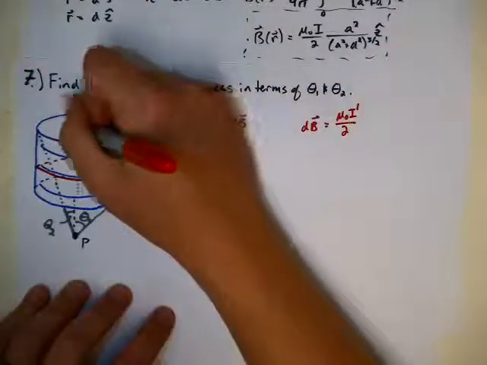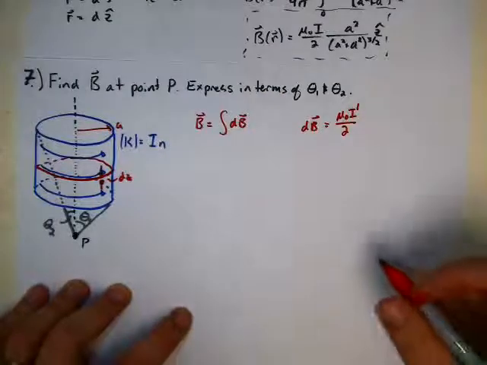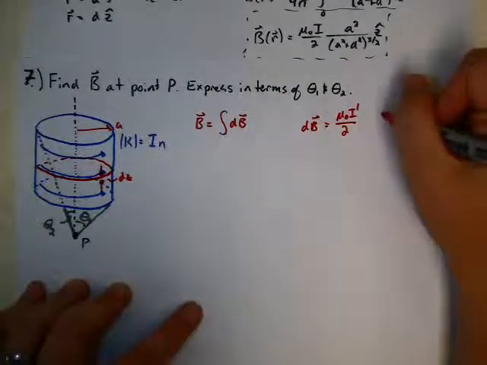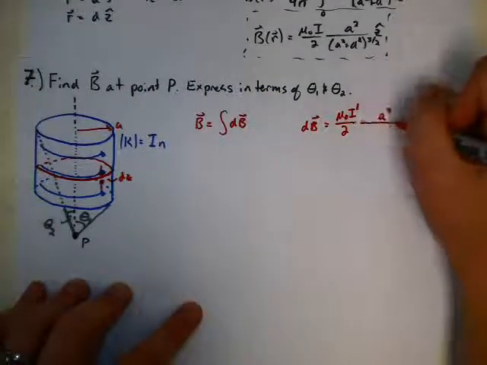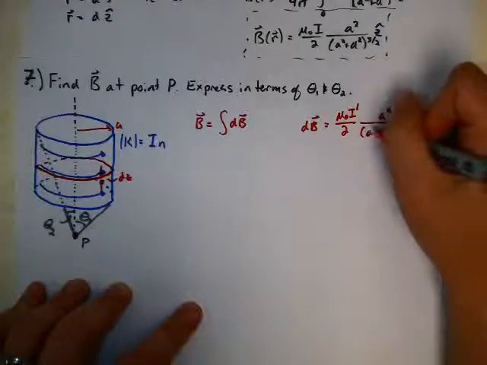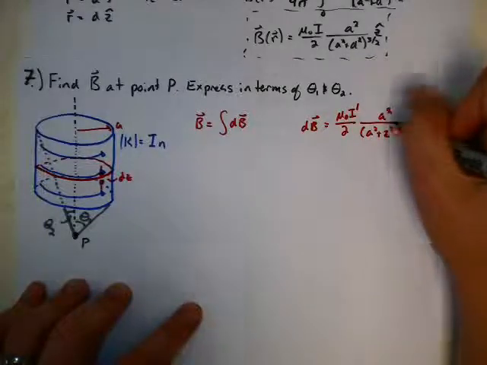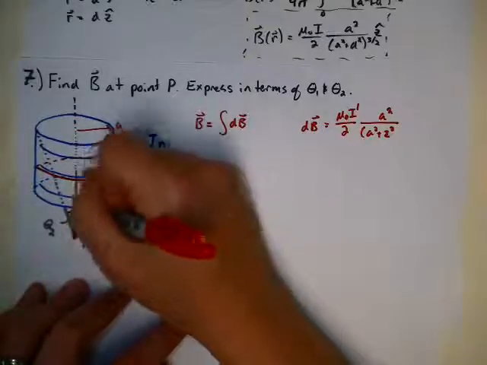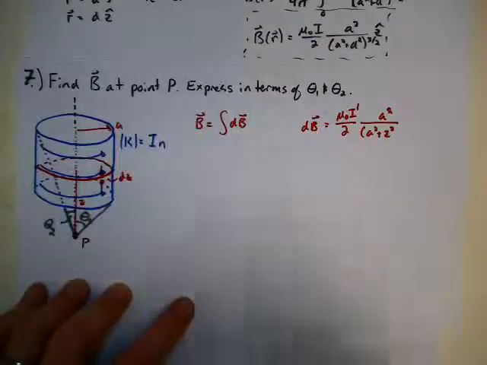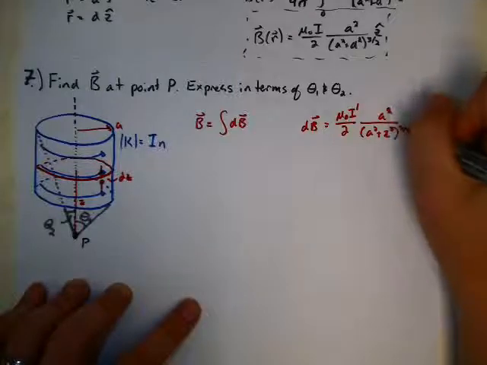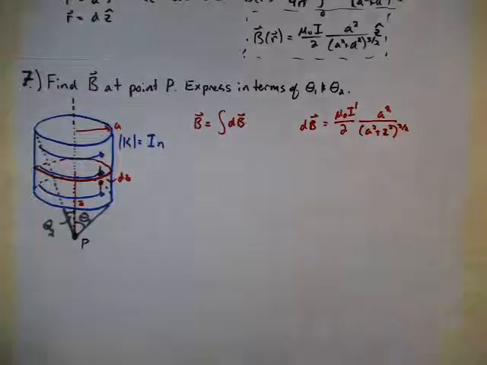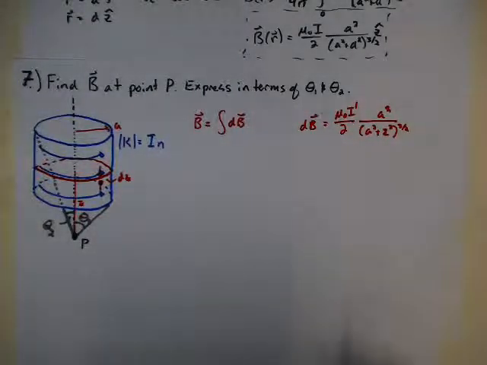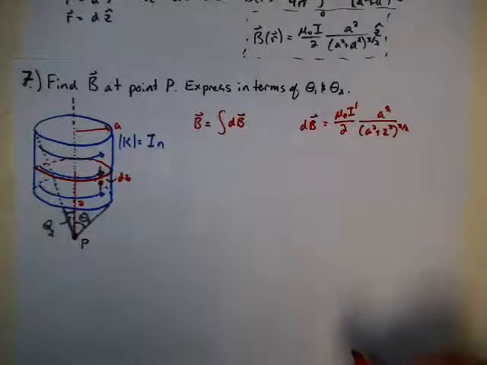Now let's go ahead and still call the radius of our problem A. So we're going to get A squared over A squared plus Z squared, where Z is going to be the distance below. So this is going to be Z. A squared plus Z squared, 3/2. That's it. Now the I prime I have to think about a little bit.